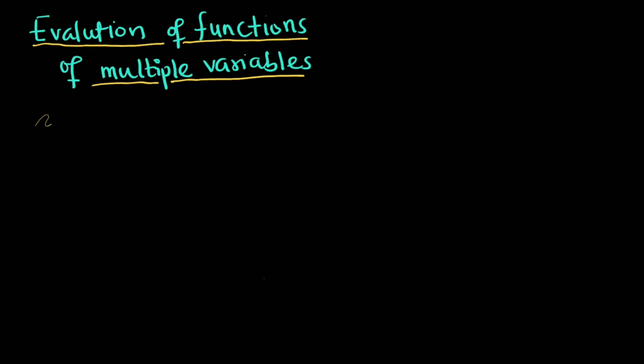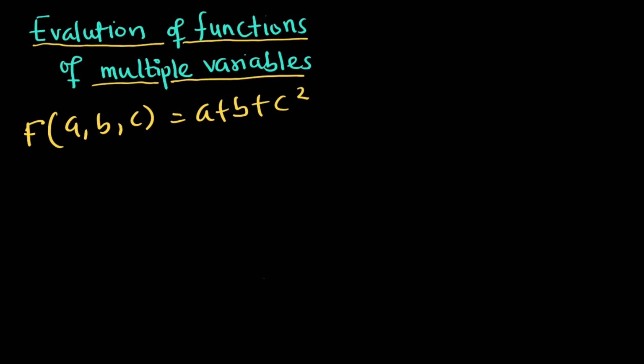If you are given a point as the input, the point will depend on the number of independent variables that the function has. So if I have, let's consider a function f defined on a, b, c to be equal to a plus b plus c squared, I would be asked to evaluate this function at a certain point, at a certain input value.